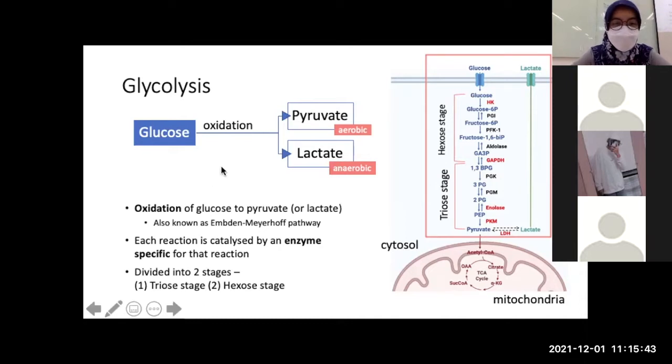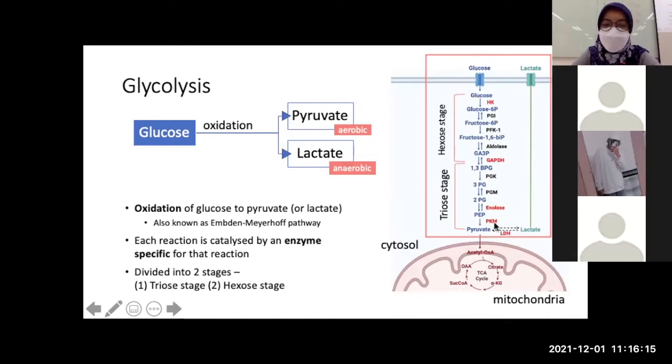Another name for glycolysis is the Embden-Meyerhof pathway. Sometimes in exams, they may ask you to explain the Embden-Meyerhof pathway, so don't be panicked. It's actually the glycolysis pathway, basically this pathway over here, starting from glucose down until pyruvate. All of this takes place within the cytosol, inside the cell.